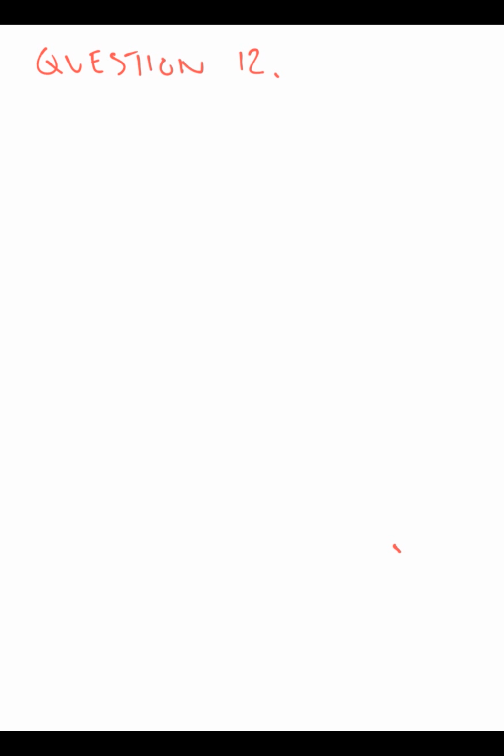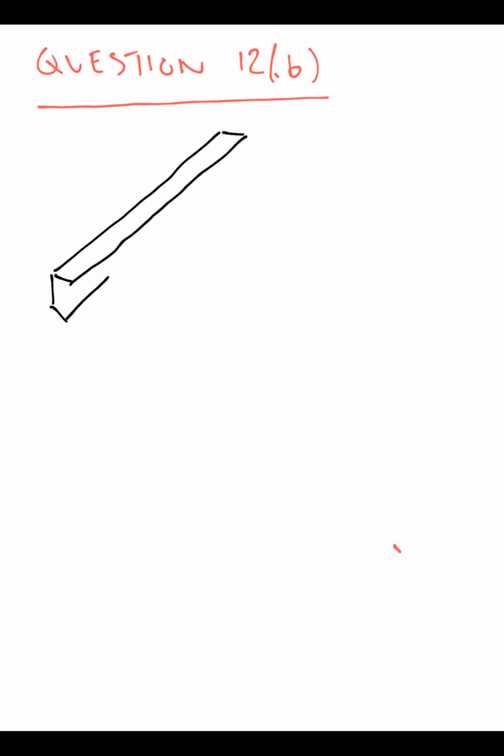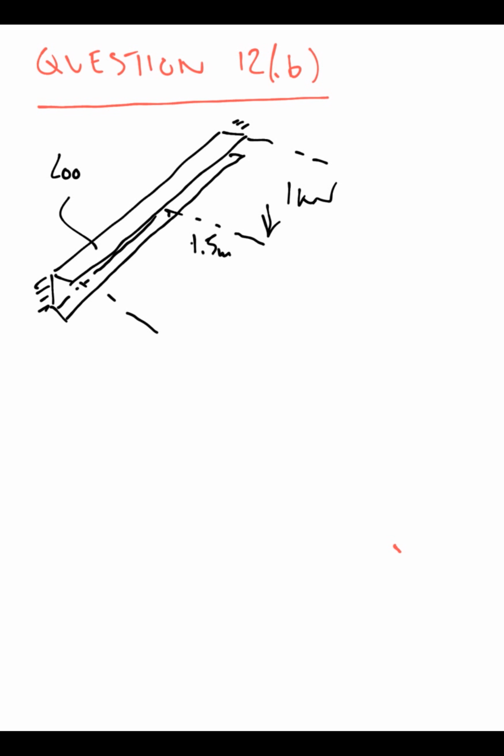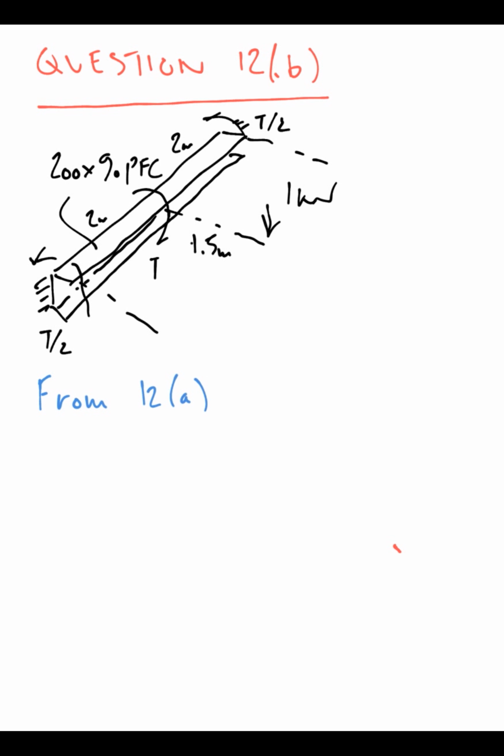Question 12b. We're going to look at the rotation for the channel section. This is the section that the architect would like to have aesthetically. We've got torsionally fixed ends, and it's a 200 by 90 PFC, and again, setting up as before, torsion is 1 times 1.5 from the previous question, and it's half of this to each end of the beam.